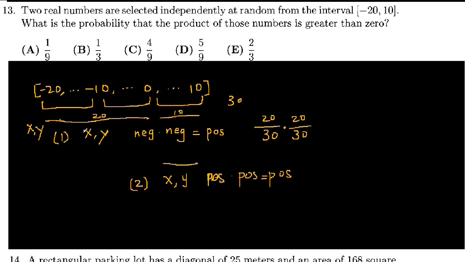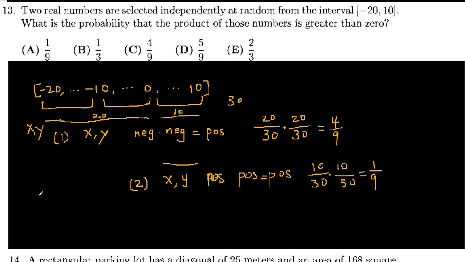So for x and y both negative, this would be 4/9 probability. For both to be positive, x has to fall into this range, which is distance 10, so it would be 10/30, and y again in that range as well. So that is 1/9.